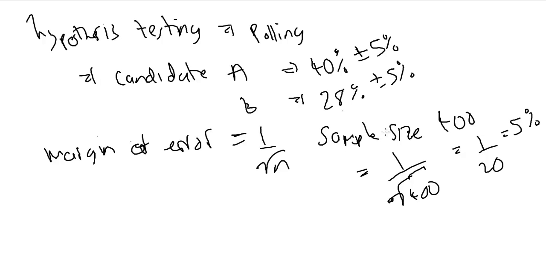So if you want greater accuracy, you want to increase the n, the number of people you poll, and the rate at which the error is going to decrease as you increase n is 1 over the square root of n.